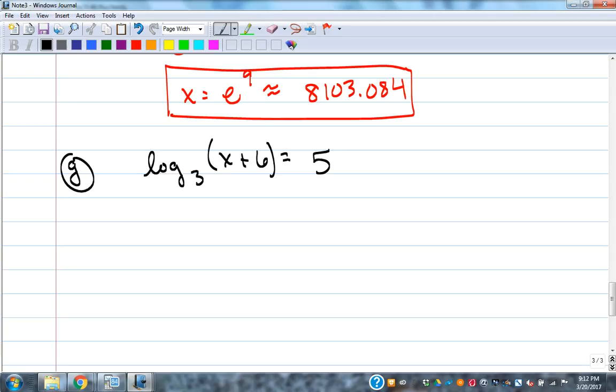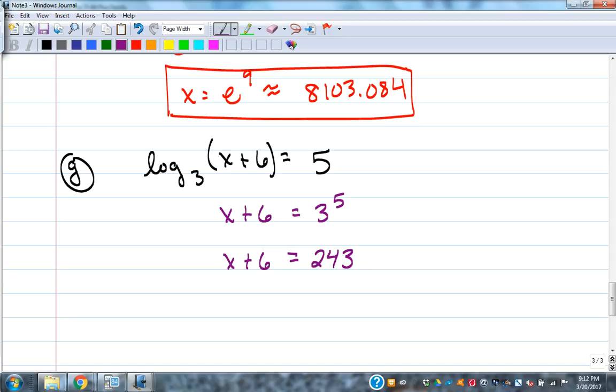But if there's only a log on one side, then we want to think, okay, how can I take that and rewrite it as an exponential? As an exponential, what's that rewritten as? 3 to the 5th power is equal to x plus 6. Good job. What's 3 to the 5th power? 243. That's just a number.